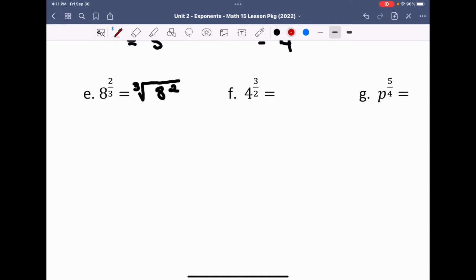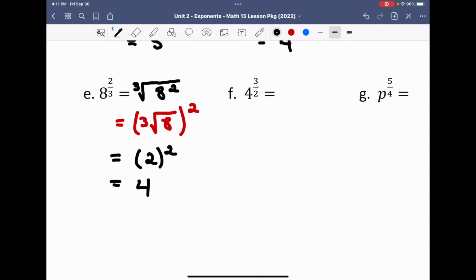I could write this out as a separate way of saying cube root of 8 to the power of 2 on the outside. That's also an equivalent form. And this is equal to, well, I could either do it as 8 squared, which is going to be 64, cube rooted, which is 4. Or I can say, what's the cube root of 8? That's equal to 2. What's 2 squared? 2 squared is equal to 4.